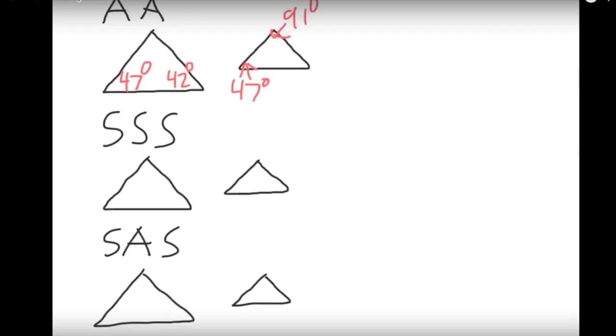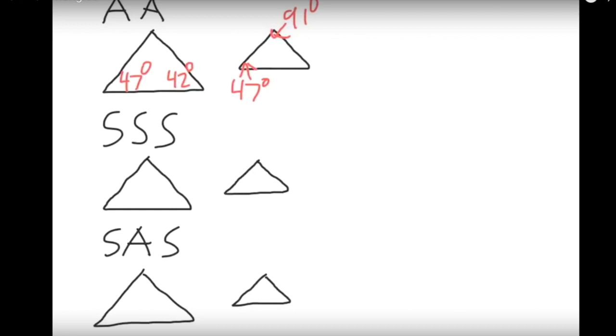Alright, now how to use these to find out if triangles are similar. So in this first one, to see if they are angle-angle, we have 47 and 42 here. In this triangle, with arrows pointing to what the measurements are in each angle, because I didn't have enough room to write them, this angle is 47 and this one is 91.